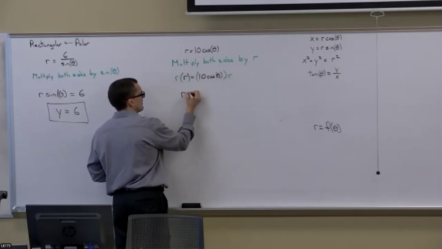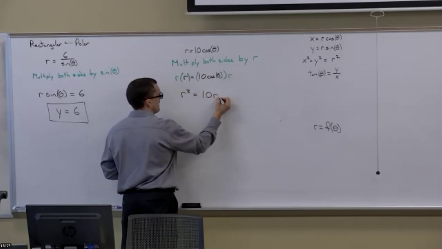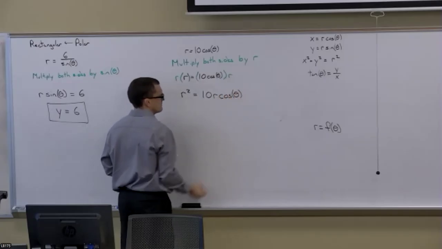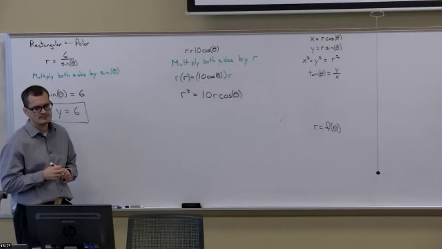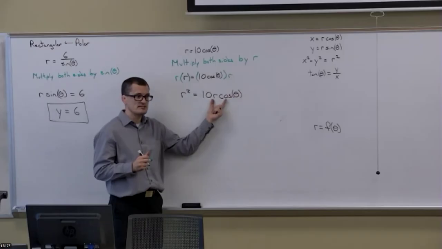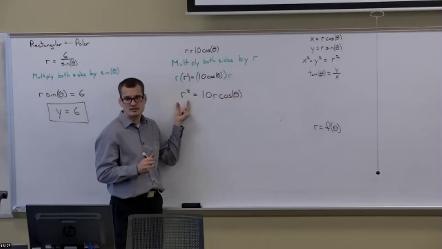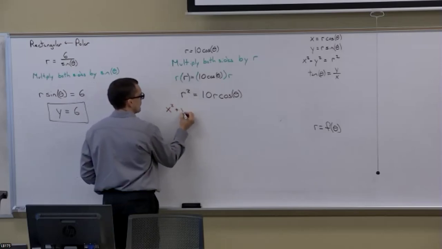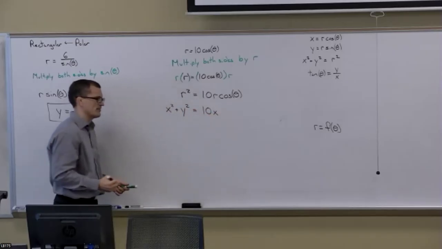The left-hand side is going to become r squared. The right-hand side I can write as 10 times r times cosine of theta. R times cosine of theta, I can replace just with an x. R squared, I can replace with an x squared plus y squared. So we get x squared plus y squared is equal to 10 times x.